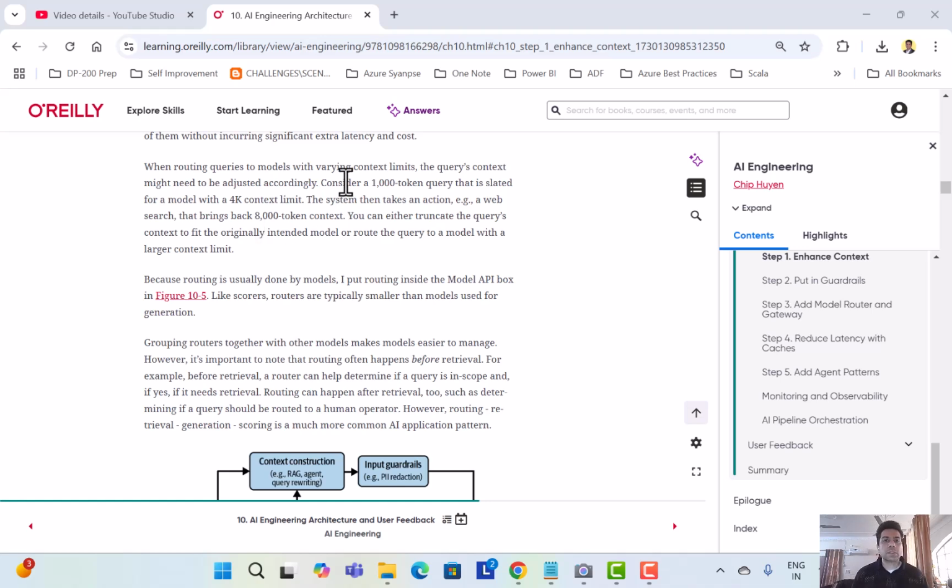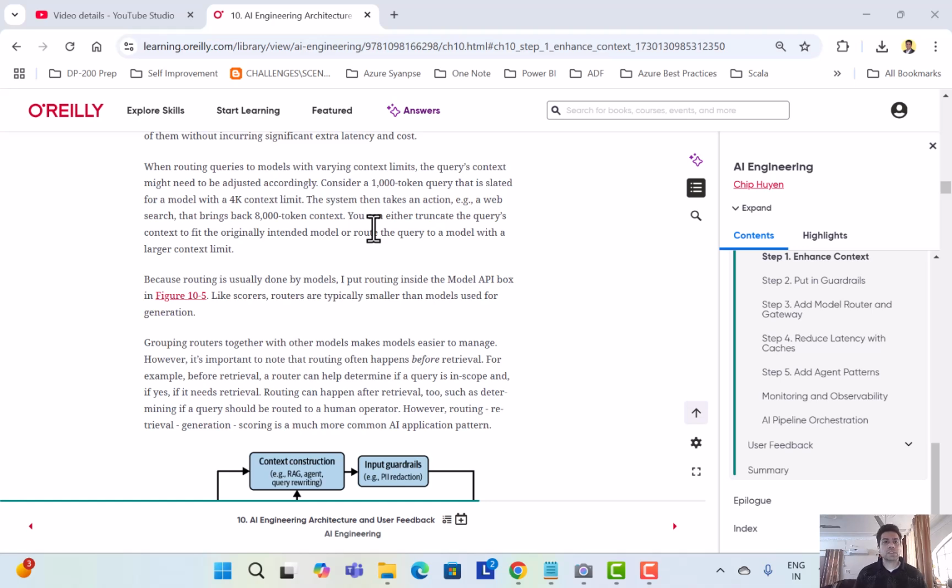So what the author is saying is that if you have a 1,000 token query that is slated for a model, and the limit is 4K, but that query in turn refers to the web and brings in more context, now the context becomes 8,000 tokens long.